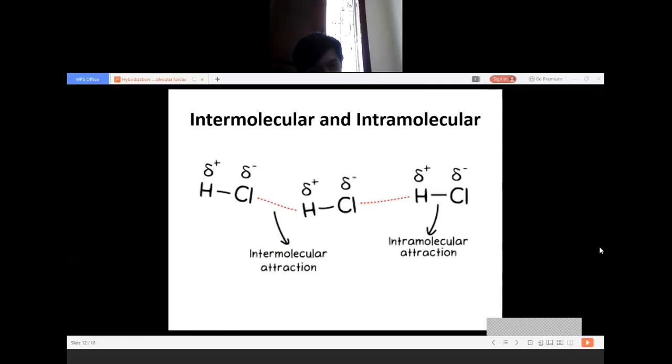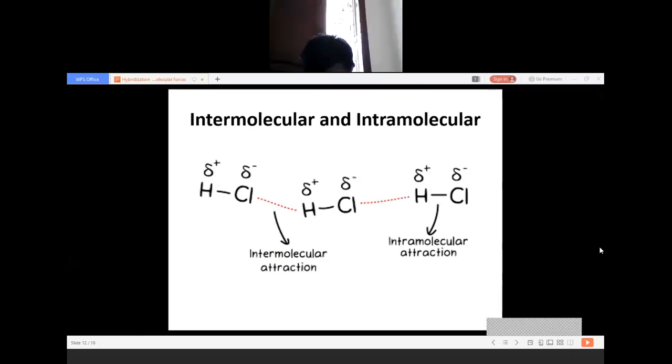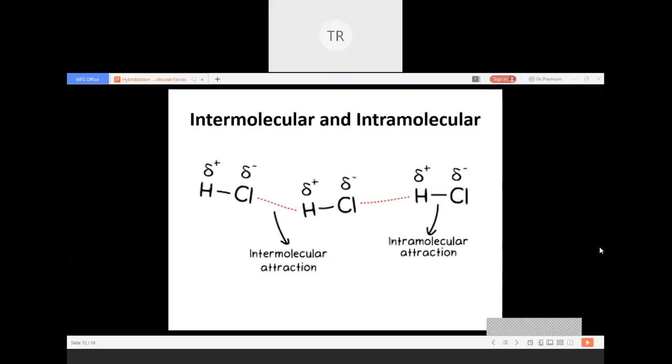Dipole force is when the positive side of a polar molecule attracts the negative side. Yes. And van der Waals is a general term for the attraction of intermolecular forces.